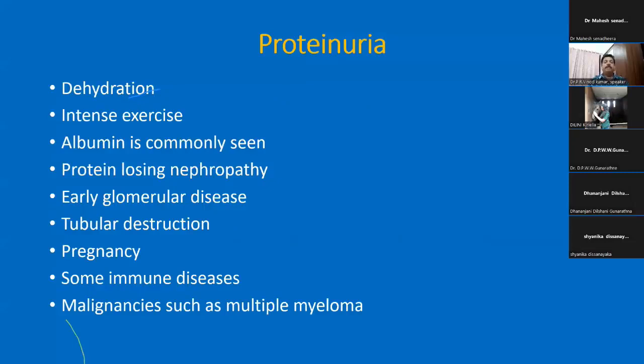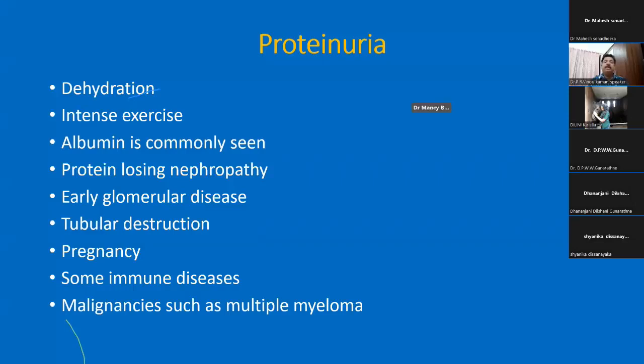Then proteinuria. Proteins will be excreted in the urine in dehydration and through intense exercise. Albumin is the most commonly excreted protein in the urine. Protein-losing nephropathy, such as glomerular nephritis and tubular nephritis.